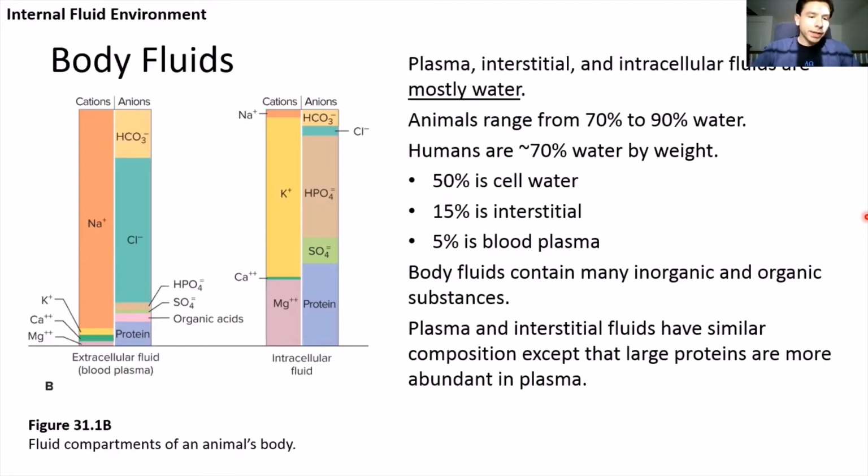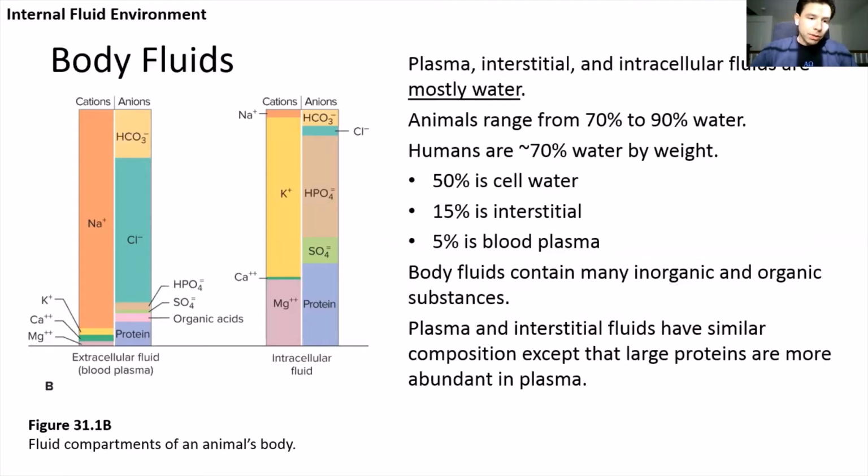So you see here in this graphic that the extracellular fluid, in this case blood plasma, has certain concentrations of cations or positively charged ions and other concentrations of anions or negatively charged ions. The intracellular fluid has some of the same cations and anions but at very different concentrations.